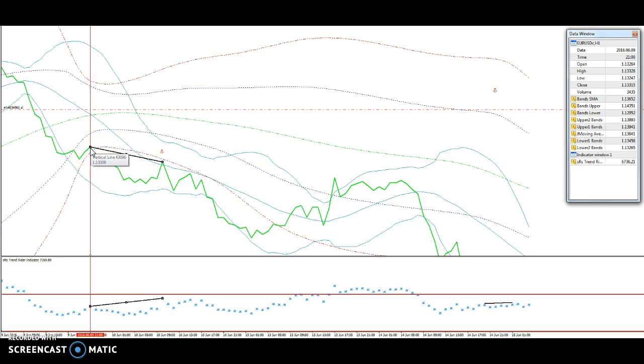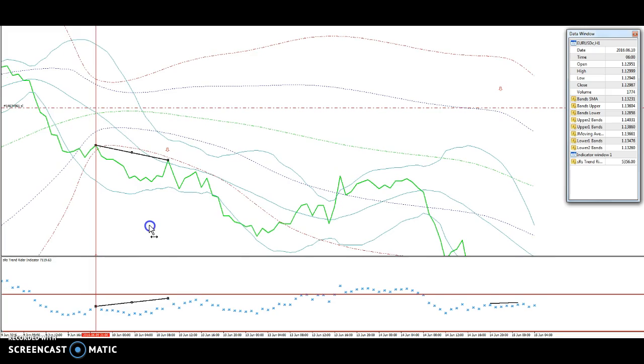A peak is a close which is higher than the previous one, and the next close is lower than the current one. Here this is a peak because this close was lower, this close was also lower, so this is a peak. Simple. And how do we see the peaks and troughs in the indicator?